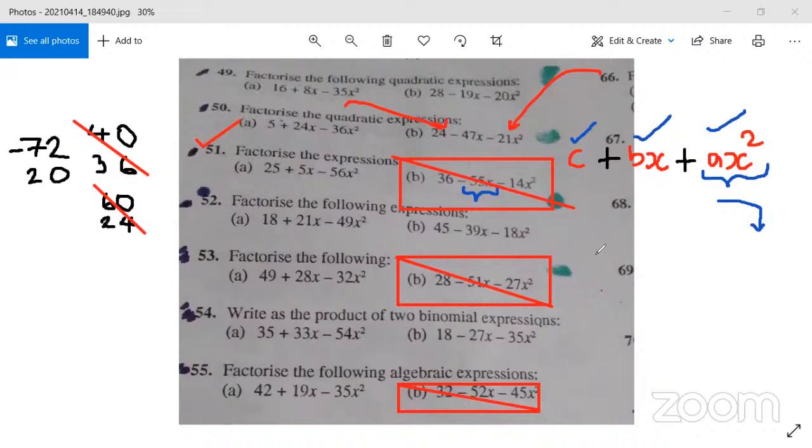So what you're going to have is 3 2s and a 3. So you're going to have 2 by 2 by 3. And then for 21, you're going to have 3 times 7. That's what we're getting.